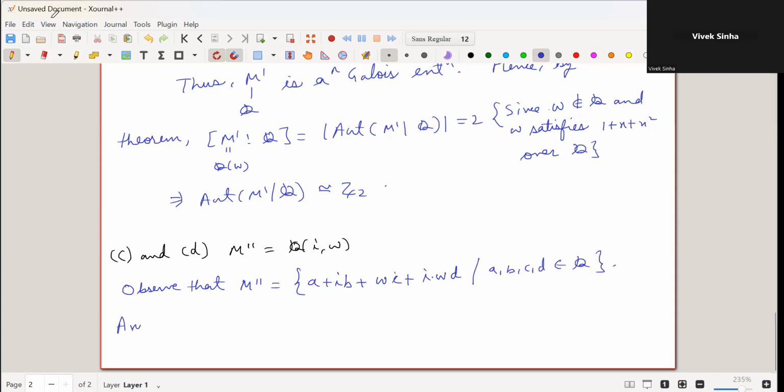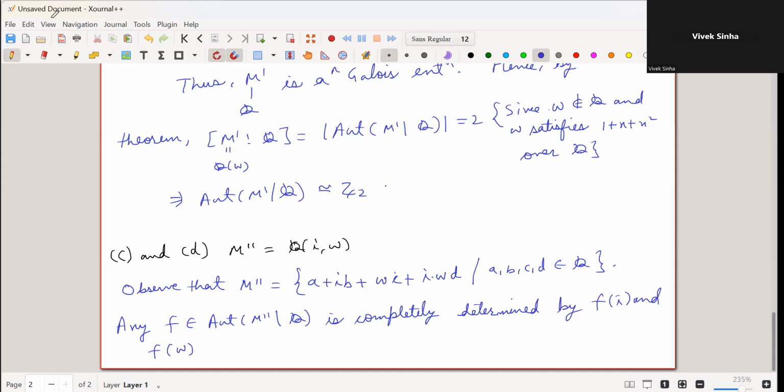First thing is clear: any f belonging to the automorphism group of M double dash over Q is completely determined by f of i and f of omega, right?